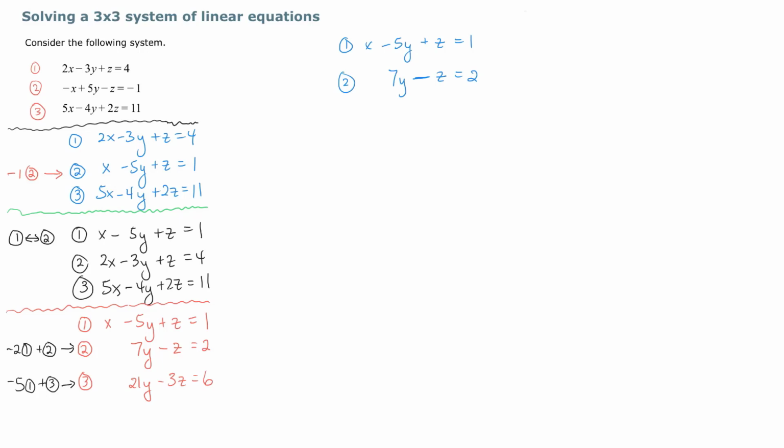However, we are going to change equation 3 by doing negative 3 times the previous equation 2. I'm actually doing this part right here. Negative 3 times equation 2, and then add it to equation 3. And then where are we going to store this? We're going to store this as the new equation 3.